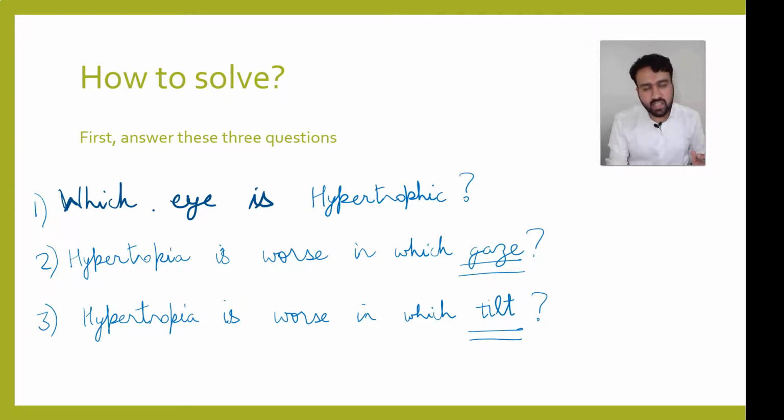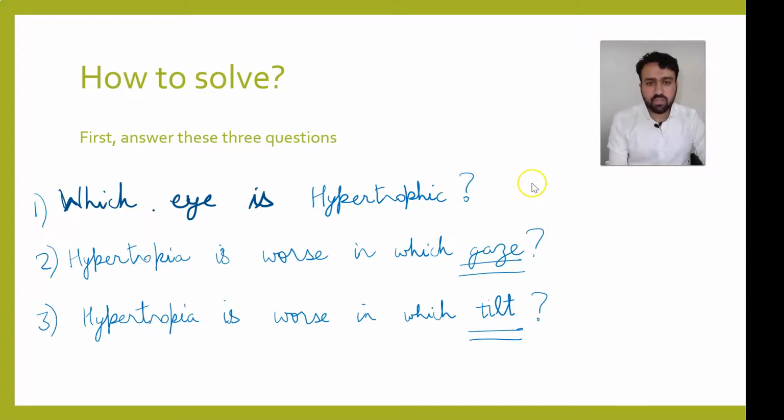Alternatively, they can say in which head turn the hypertropia is worse, right? You have to remember that if the hypertropia is worse in right gaze, it will also mean that the hypertropia is worse in the left head turn, right? Right gaze, left head turn, they are kind of synonymous. Okay. Also remember that the third point is in which head tilt the hypertropia is worse.